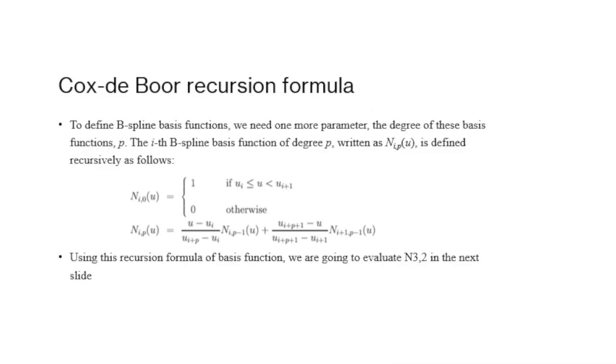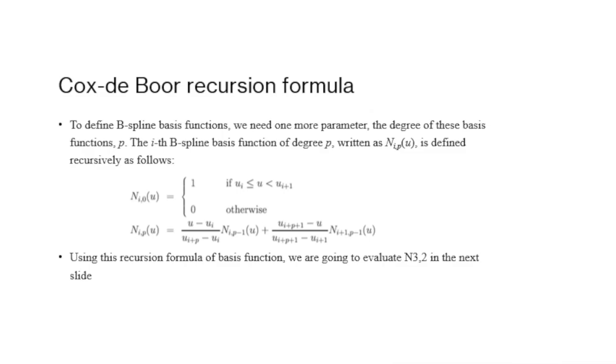Let U be a set of m plus 1 non-decreasing numbers, and the sequence goes like u0 less than or equal to u1 less than or equal to u2, and so on. Here, the ui are called knots, and the set U is the knot vector, and the half-open interval ui to ui plus 1 is the ith knot span.